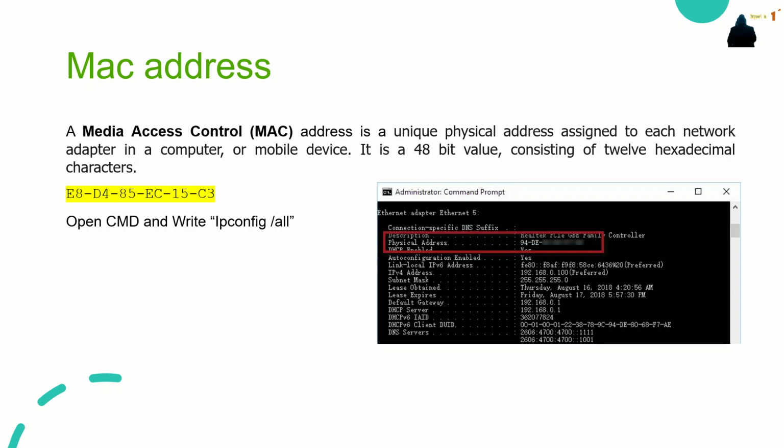As I said, it's very important in networking, and we use it in some communication in layer 2. In the next videos, I want to show you how and where.